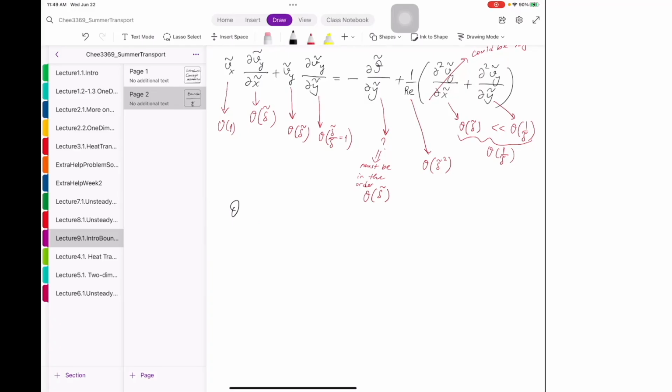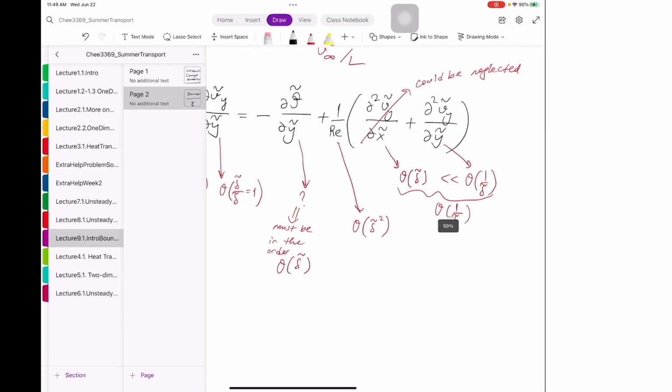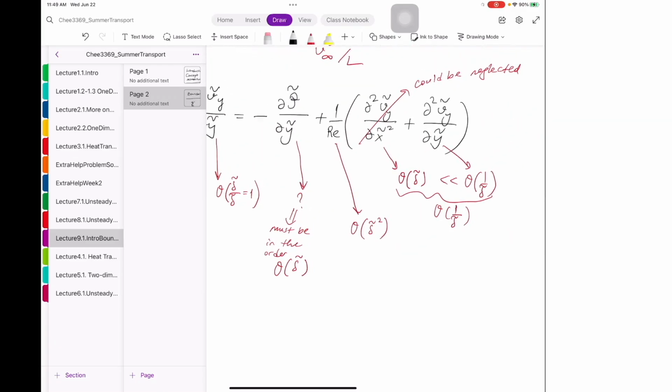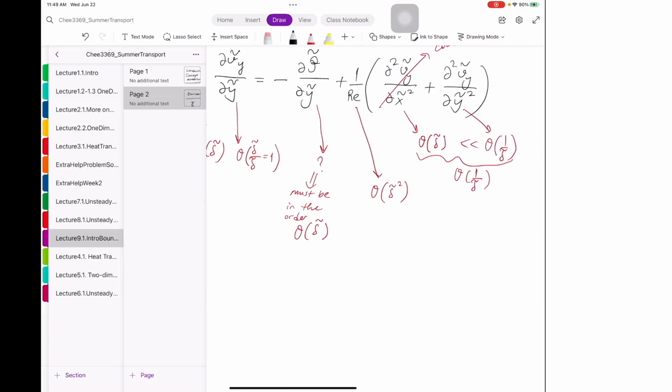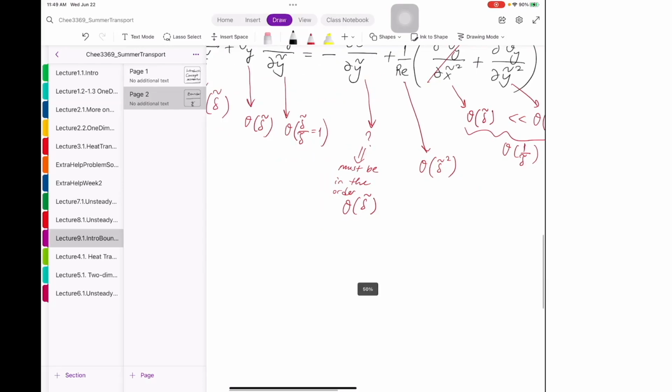Yes, exactly. But it doesn't change the result. I guess that's the same.